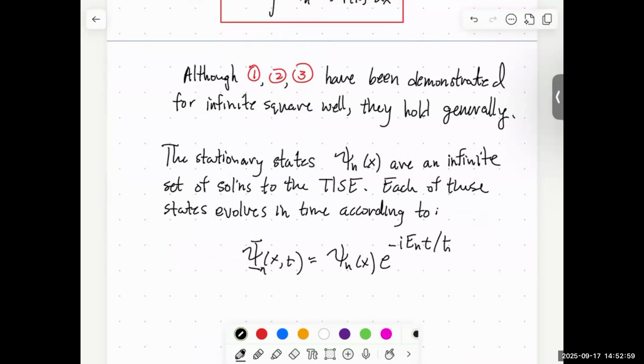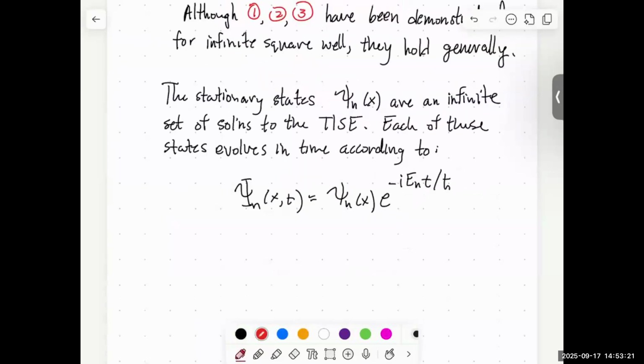I wanted to put an n in here because now we have an infinite set of these. Okay, we know this. We just calculated that. We also found the energy. So we know all of these things. So we now have these solutions. En we get from our boundary conditions.